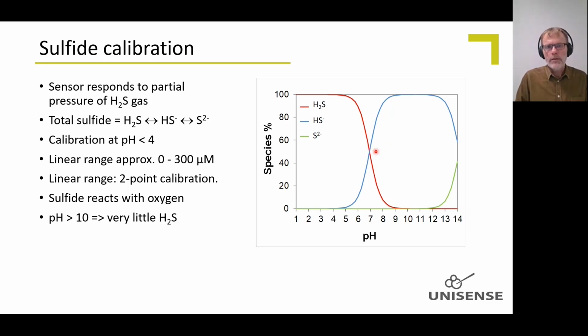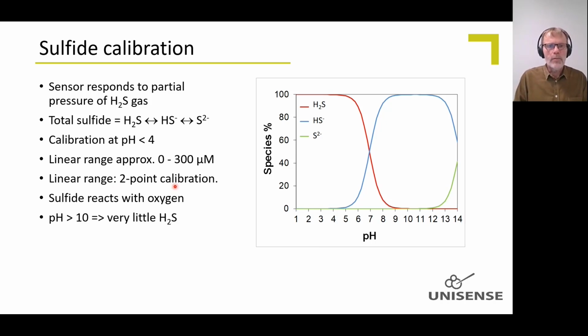So at neutral pH, you have about equal amounts of the H2S and the HS minus. We recommend to calibrate at pH levels below 4, so you have almost all of your sulfide in the H2S form, which is what the sensor is measuring. The calibration kit actually has a pH of 2.1, so it's down here, so you have 100% of the sulfide in the H2S form, so you know the concentration of H2S in your calibration liquid.